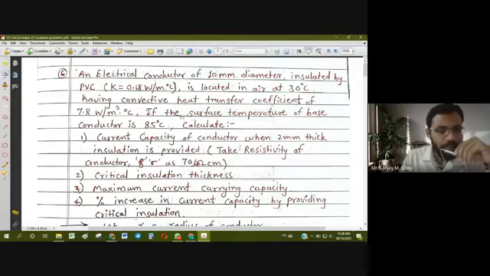But when it comes to conduction of heat, because of their low conductivity, they are very poor conductors of heat, and because of this, heat dissipation becomes a problem. And to avoid this situation, we have to check for the critical radius of insulation.